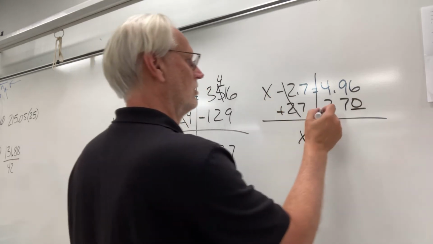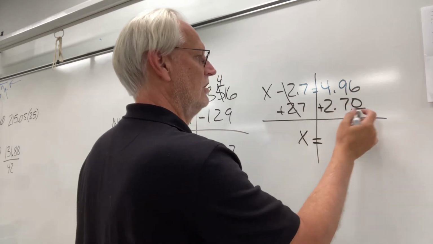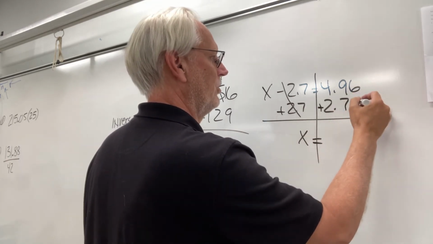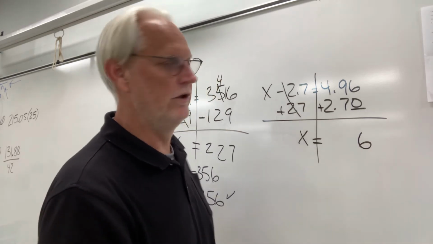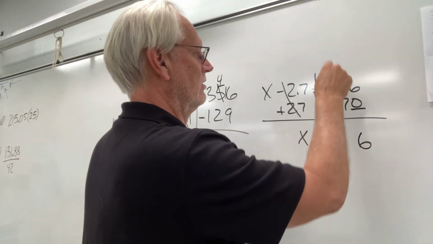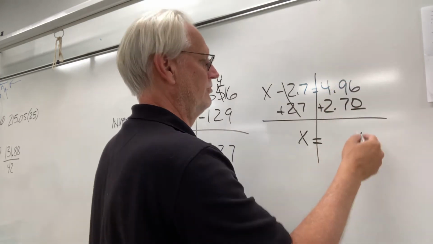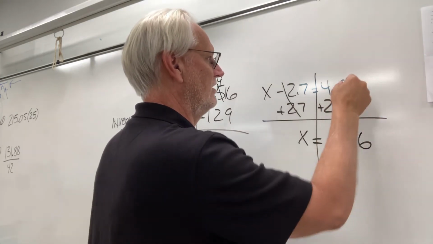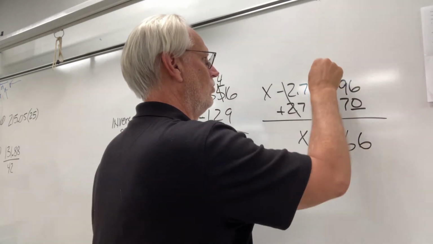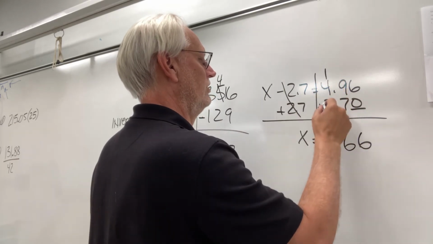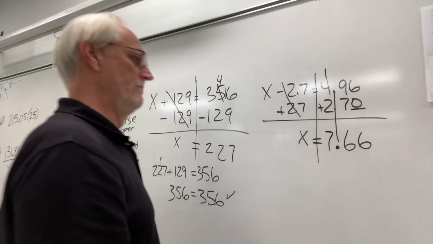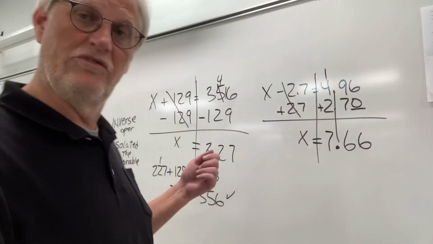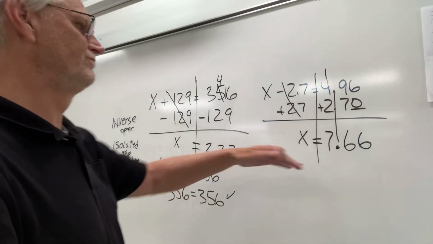And now I'm just going to go ahead and add these numbers. So I filled up with a 0. 6 plus 0 is 6. And if you remember from earlier in the year, ladies and gentlemen, line up, fill up, add up. So 0 and 6 is 6. 9 and 7 is 16. Carry the 1. 1 and 4 and 2 is 7. Bring my decimal down to here. So my solution for this problem is 7.66.